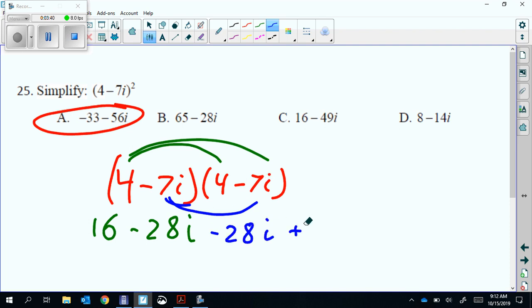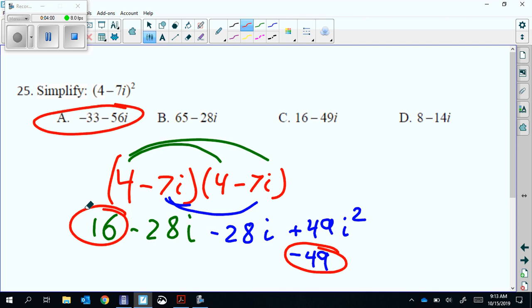Negative 7 times negative 7 is 49. i times i is i squared. And i squared is negative 1. So that's 49 times negative 1 is negative 49. That would get combined with the 16. 16 minus 49 is negative 33. And then you combine your negative 28i and your negative 28i to get negative 56i. It's not hard to do by hand either.